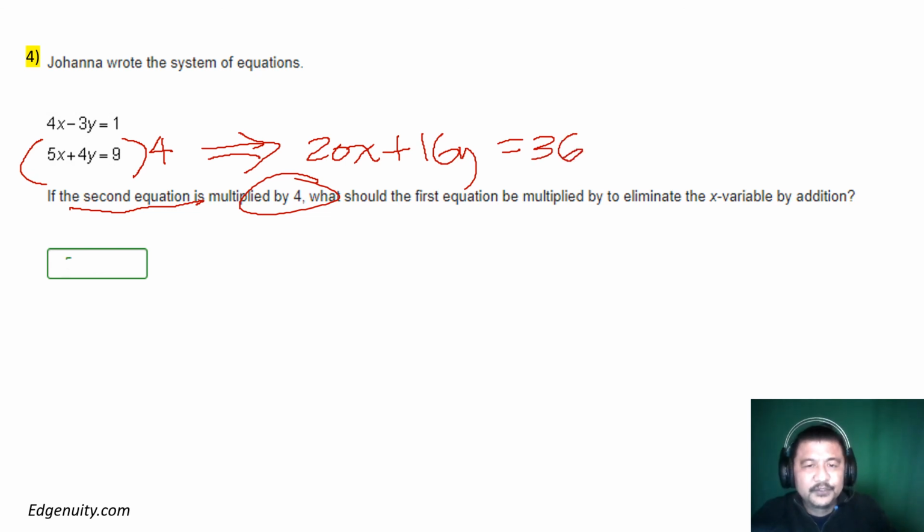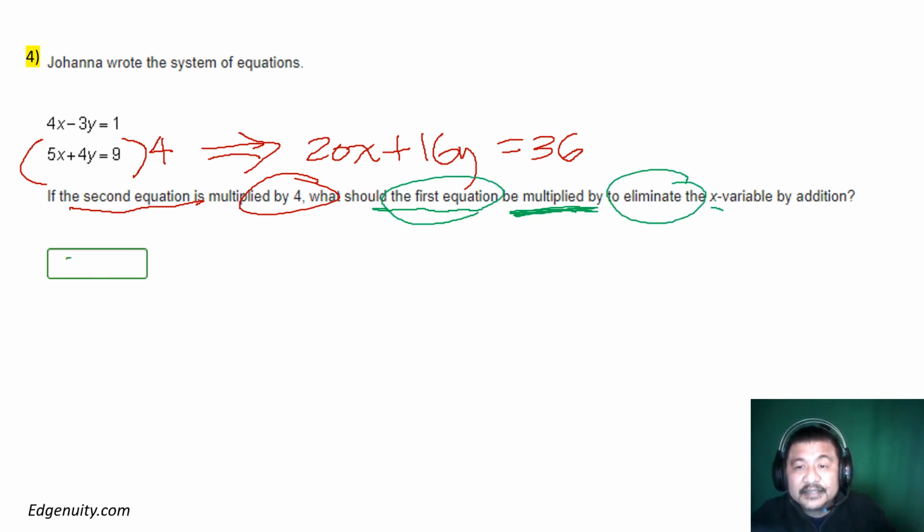Okay, we're good with the first one. The question is, what should the first equation be multiplied by to eliminate the x by addition? So I want to eliminate 20x. What do I need? I need an opposite of that, negative 20x. How can you become a negative 20x? What will I multiply you with? 4 times 5, yes.